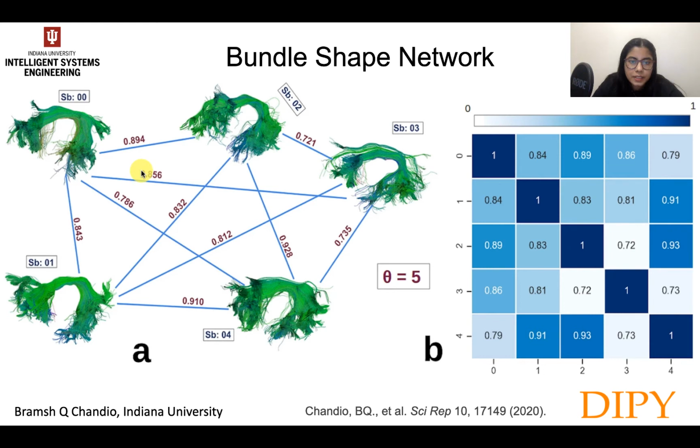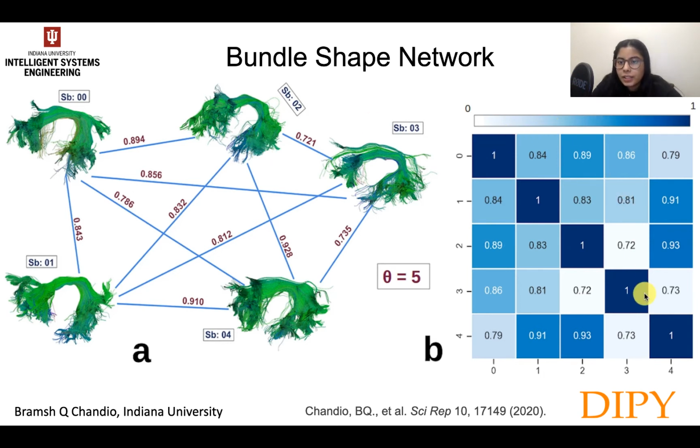So here we can see different scores among different subjects. On the right side we have the shape similarity metric, because it could be difficult to visually see the graph when we have a higher number of subjects, so we have the metrics here.